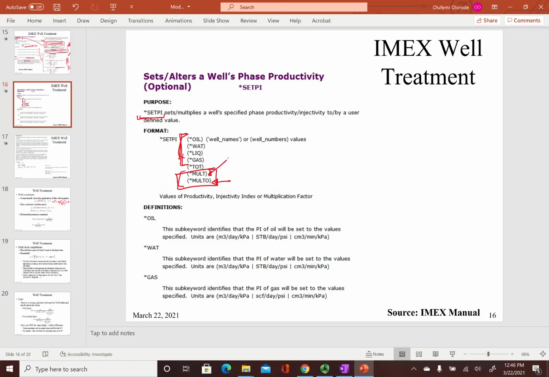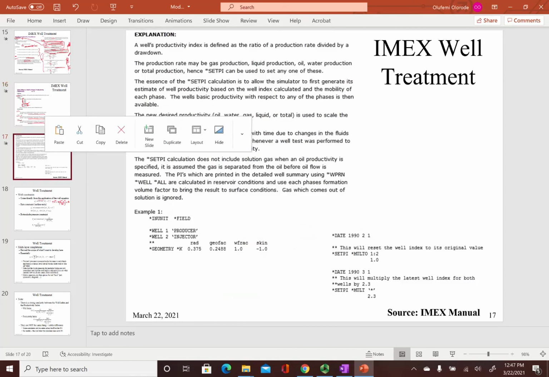So that's what the SetPI model does. And like I said, provide oil, water, gas keywords to choose whichever phase you want to multiply. And these will be the corresponding units depending on whatever unit you already selected at the beginning of the input file.